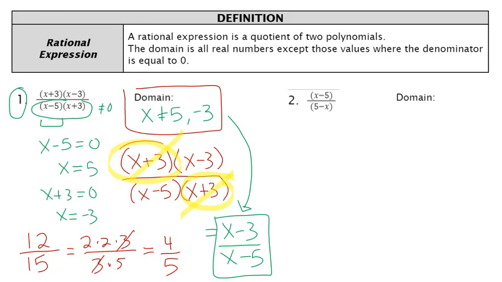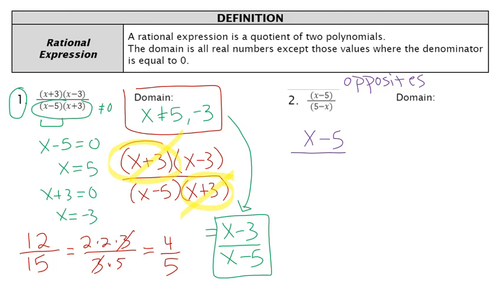For example 2, this one is kind of the same idea. At first, it might not look like anything that can reduce, but one thing you're going to notice is this is an example where we have something called opposite factors. So what that means is I have x minus 5 on top, and on the bottom, I can actually rewrite this.